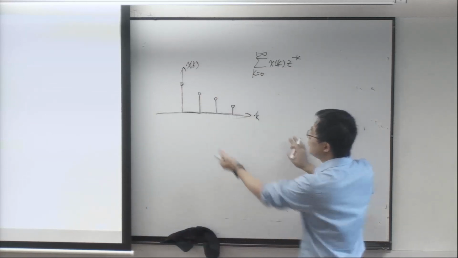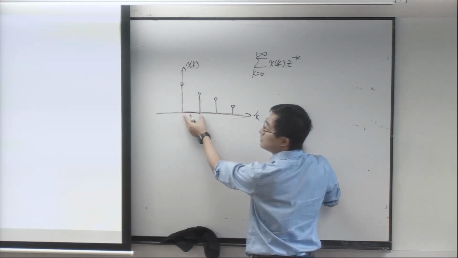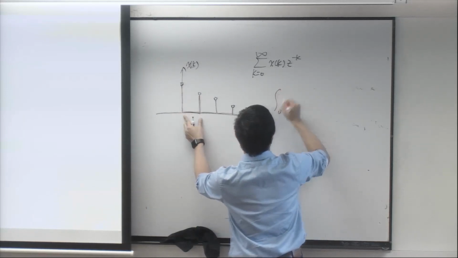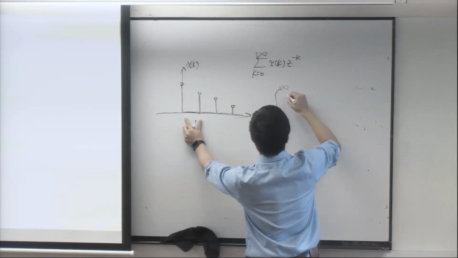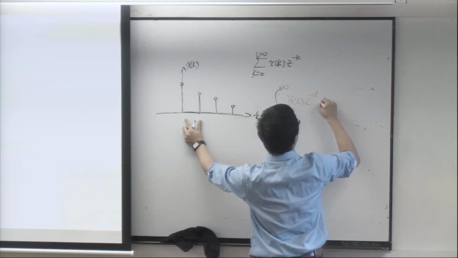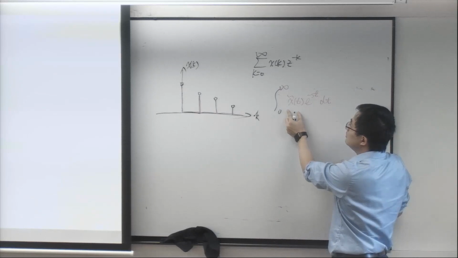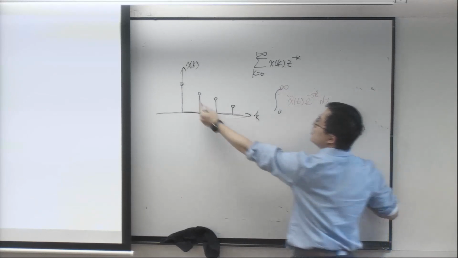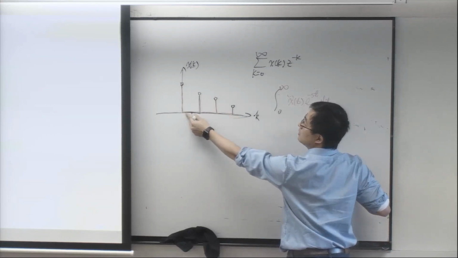So then, if we consider the Laplace transform of this seemingly continuous time function, integral from 0 to infinity of x tilde of t e to the negative st dt, this x tilde of t only has value in these instances, it's all 0 in between.